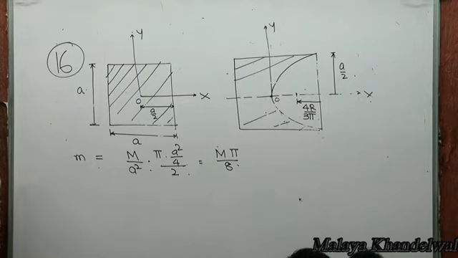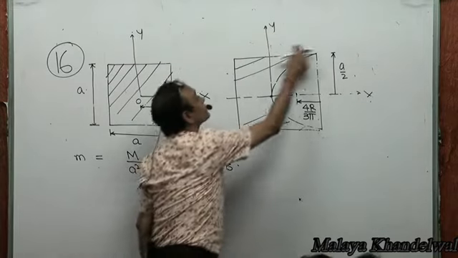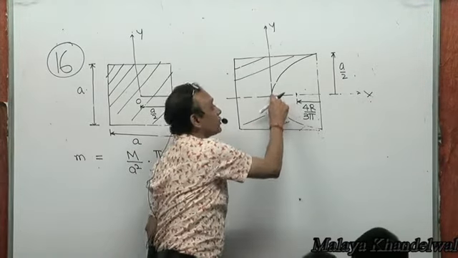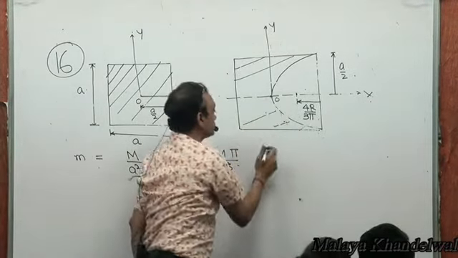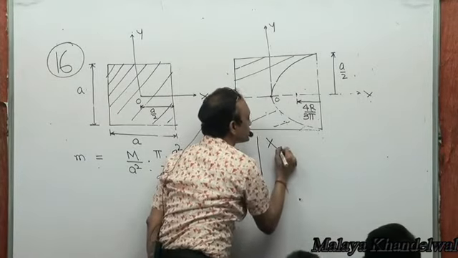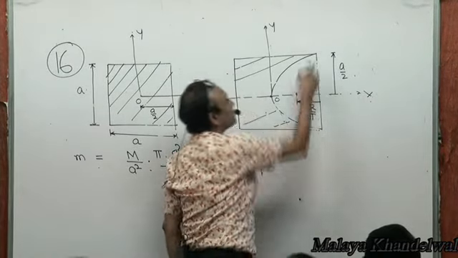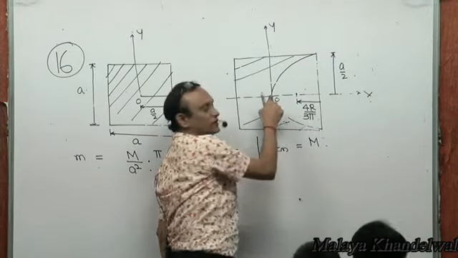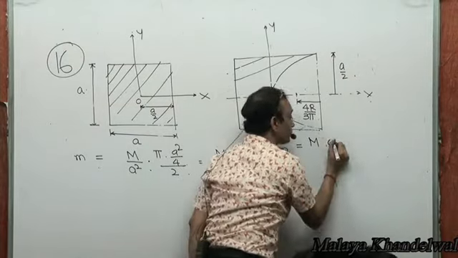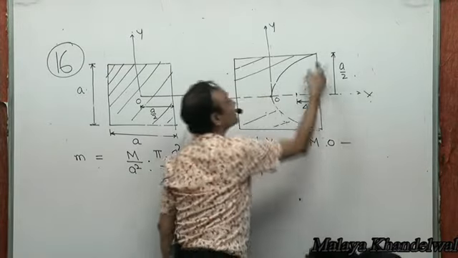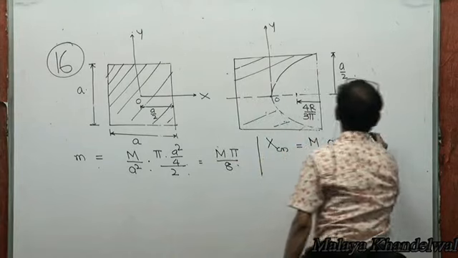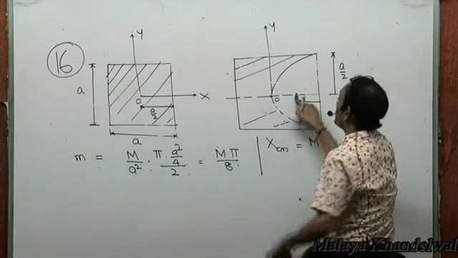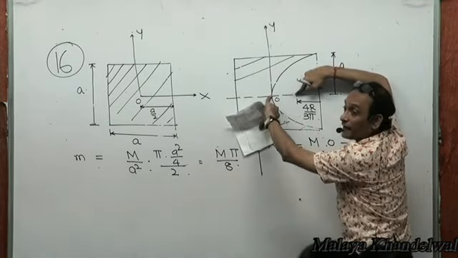Now, did I tell you that the x coordinate of the center of mass would be the mass of this into the x coordinate of the center of mass of the uncut portion? So, the x coordinate of the center of mass of the remaining is going to be: the mass of the uncut region, which is M, into the x coordinate of the center of the uncut region, which is 0, minus the mass of the region which is cut, which is M pi by 8, into the x coordinate of this, which is r minus 4r by 3 pi.